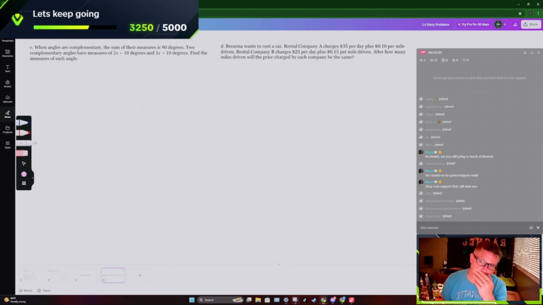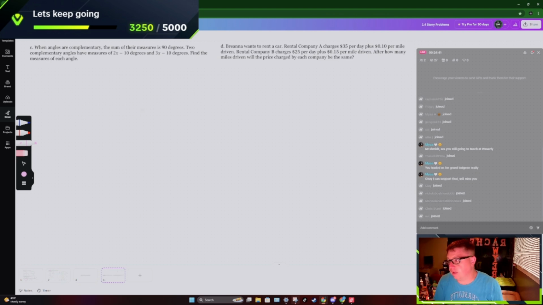All right. Once again, prerequisite material, vocabulary, when angles are complementary. So we need to know what it means to be complementary. That's going to be the tricky thing. If they're complementary, it means that angle 1 plus angle 2 equal 90 degrees.